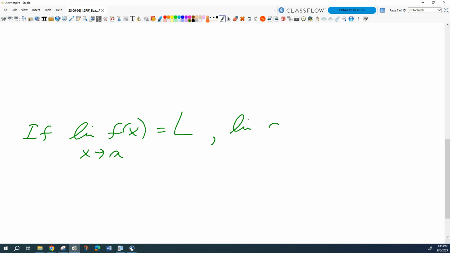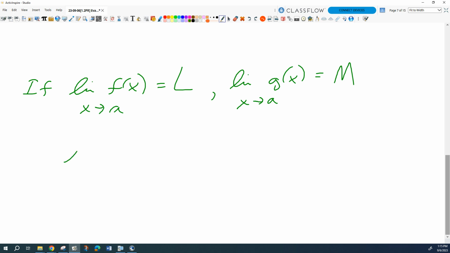So let's scoot down just a little bit here. Remember, we have this property of limits that says if the limit of f of x as x approaches a equals L, and the limit of g of x as x approaches a is m, then you guys tell me, what's the limit of f of x times g of x as x approaches a?